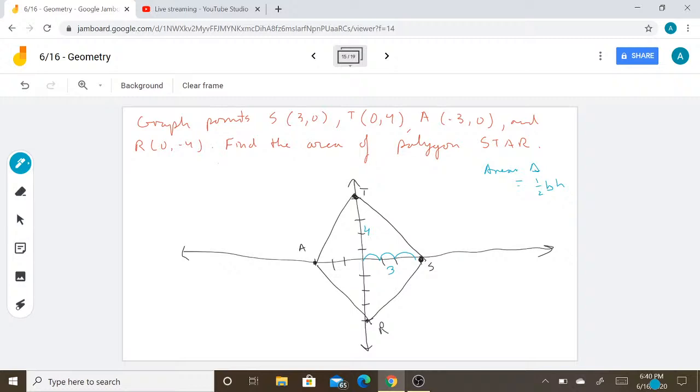So the area would be 1/2 times 3 times 4, which is equal to 6. And if you notice, the base and the height for every single triangle in this polygon is the same. So once we have the area of 1, we can multiply that by 4 because this polygon was put into 4 triangles. So 6 times 4 equals 24, and that's the area of the STAR polygon.